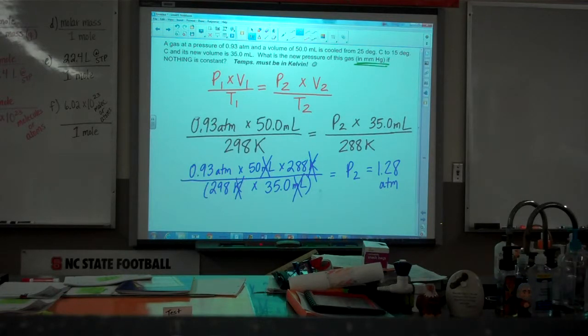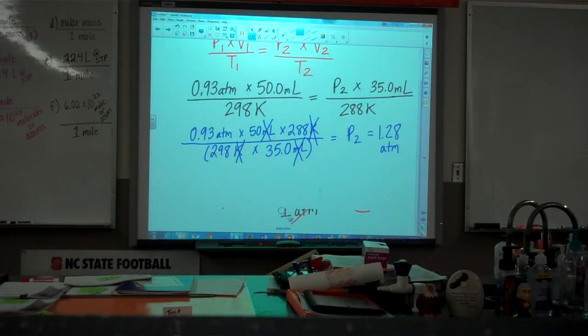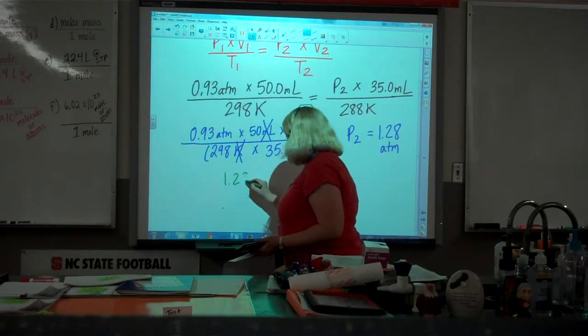So again, look to your left to the long dry erase board and what we learned last Thursday. If you actually check that out, you'll see that we end up having a conversion factor here that we can use. Okay? So I've got 1.28 atmospheres, and I'm going to change that to the millimeters of mercury.